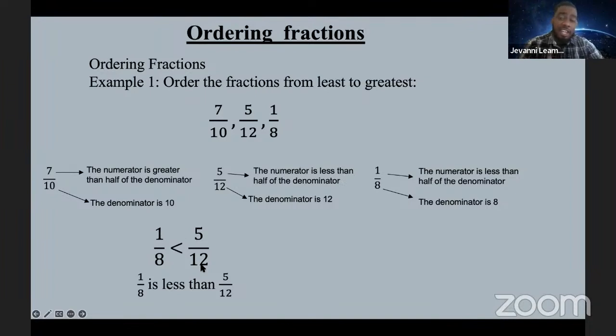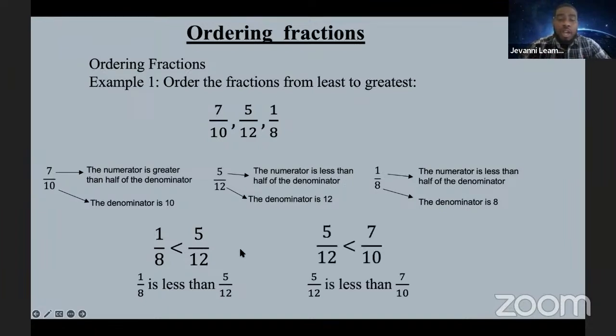And we recognize that 1/8 is less than 5/12. Now, I'm going to take the larger fraction, which is 5/12, and compare it to the largest fraction in this scenario.